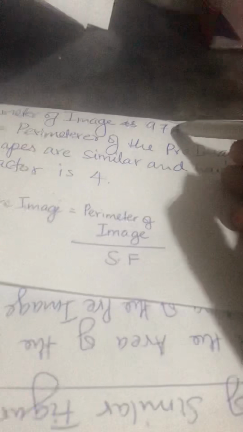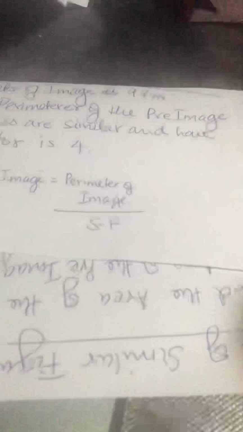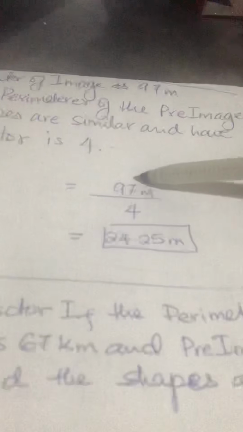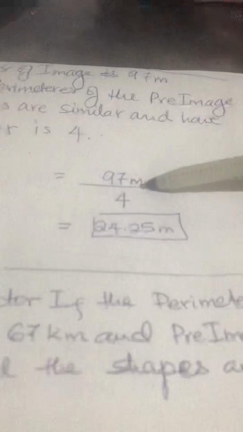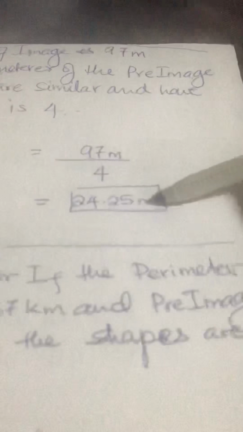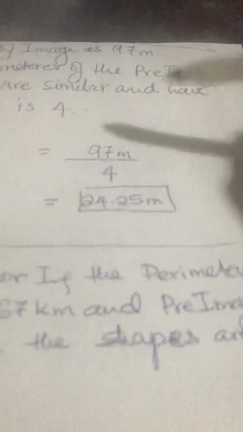To find the perimeter of the pre-image, perimeter of image divided by scale factor. Our perimeter is 97, and we're going to divide by 4. This is my work, and since my question wants perimeter, my answer will have units.